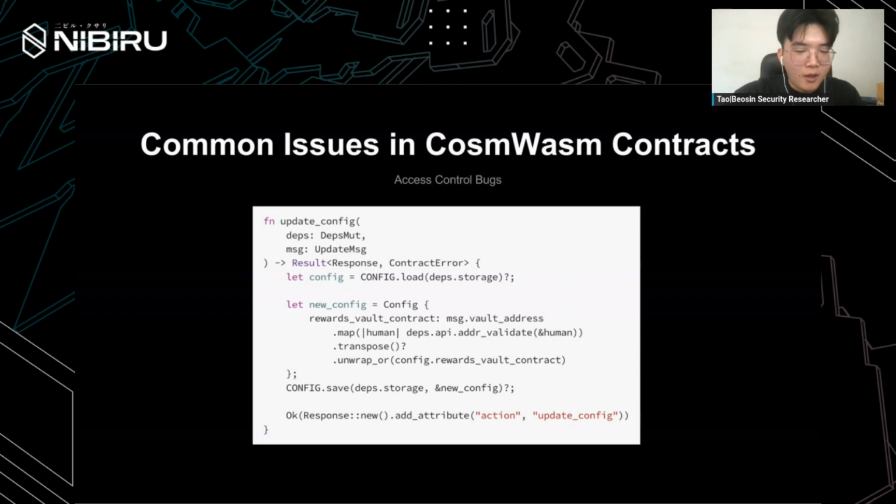Okay, so it's a function in a Solidity smart contract, and we can see from its function name that it's an update configuration function, used to update the configuration of a smart contract.